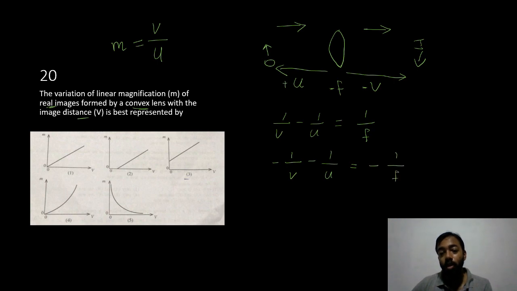You can multiply both sides of the equation by v. So you will get minus v over v minus v over u is equal to minus v over f.